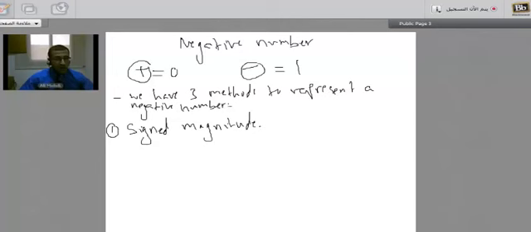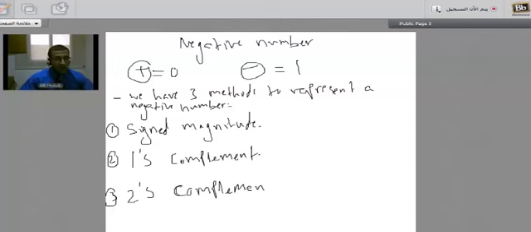The second method is called ones complement. And the third method is called twos complement. So we have three methods to represent negative numbers in binary. We have the sign magnitude, we have the ones complement, and we have the twos complement.